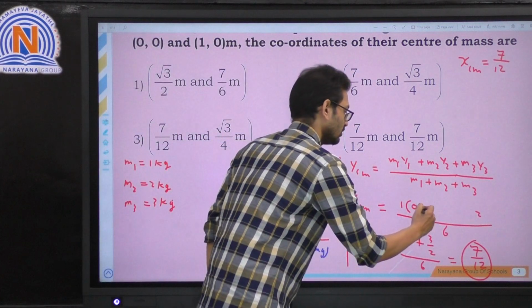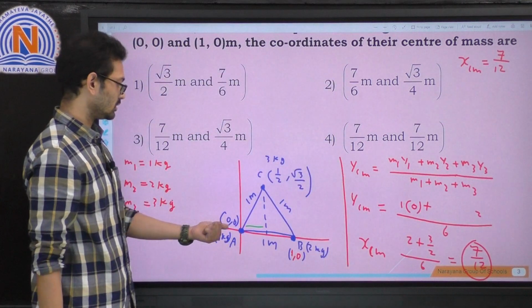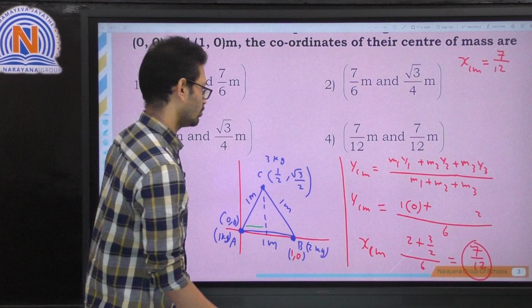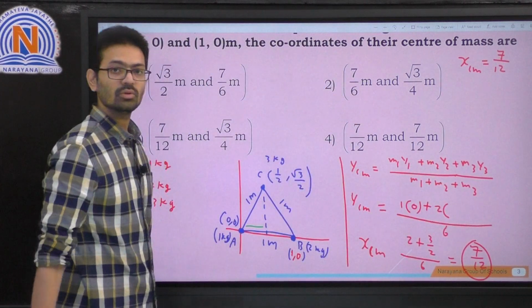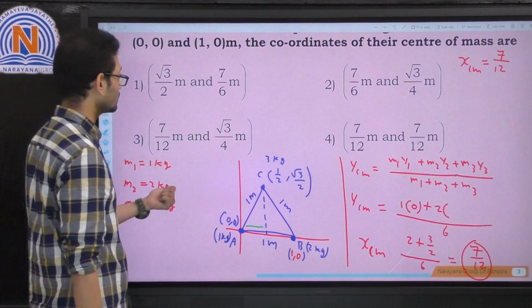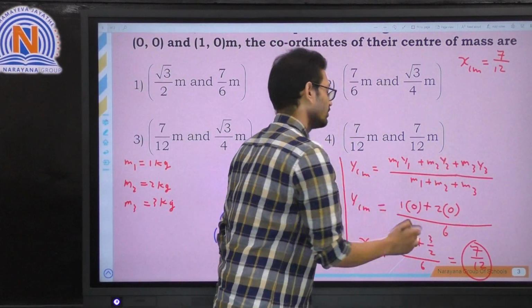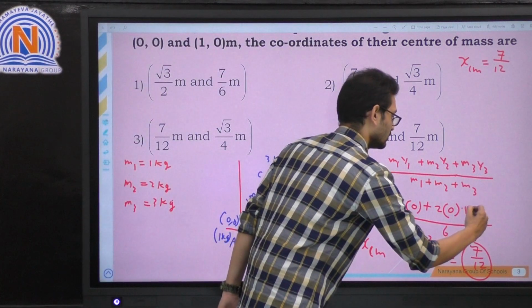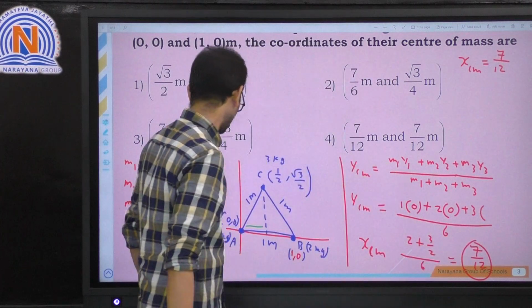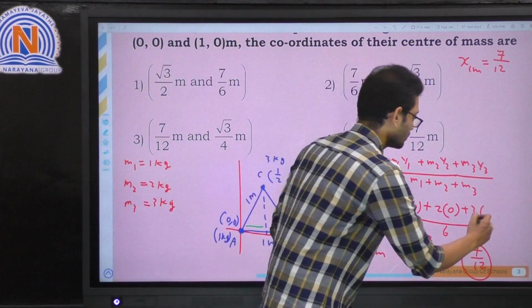And m2 is 2 into y2 is how much? y2 is 0. m3 is 3, y3 is root 3 by 2.